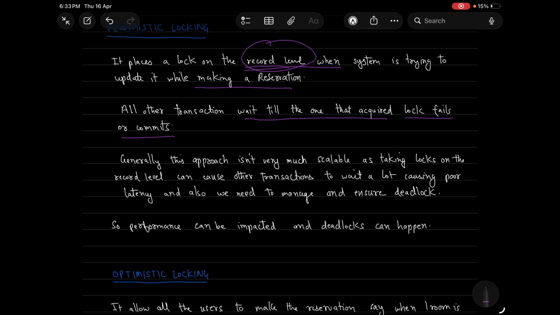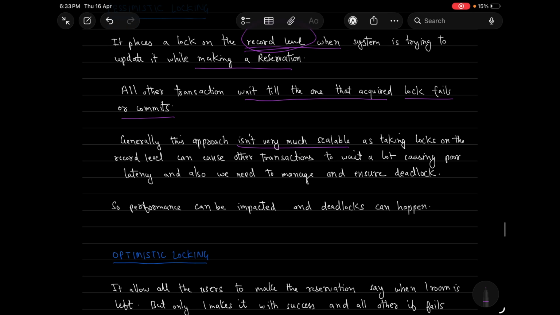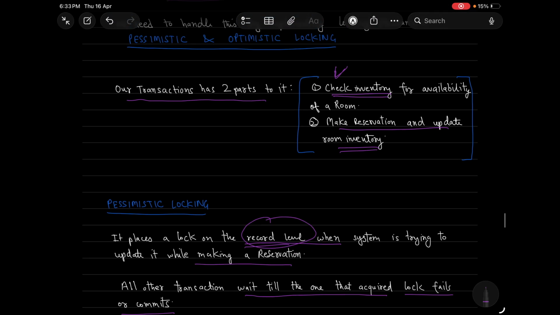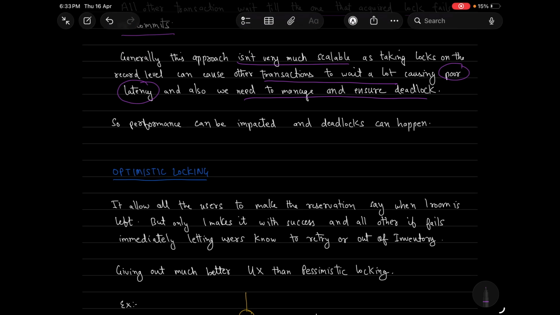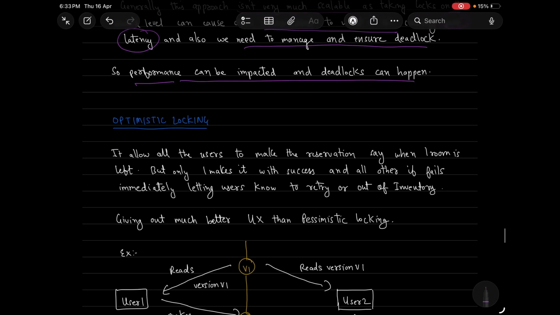Now, generally, this approach isn't very scalable, as taking locks at the record level can cause other transactions to wait a lot, causing poor latency. We also need to manage and avoid deadlocks, as there are multiple flows to make a reservation, update room inventory, and so on. So performance can be impacted and deadlocks can happen with pessimistic locking.